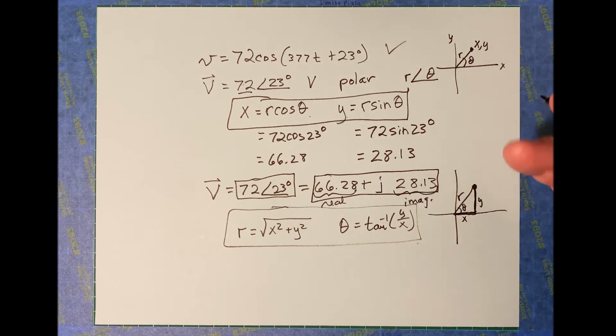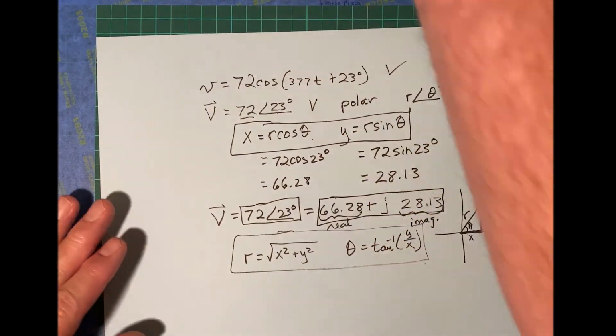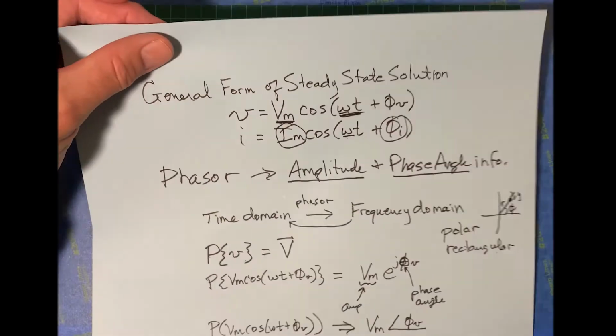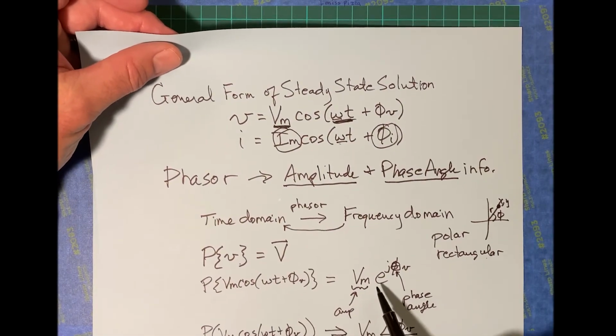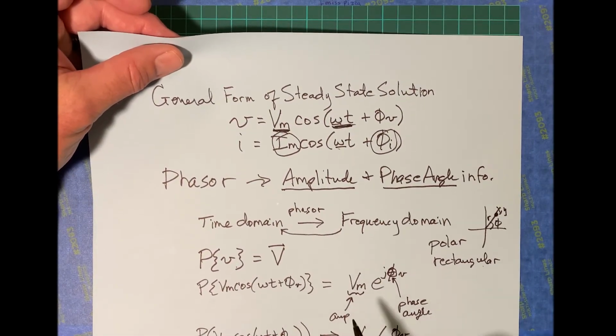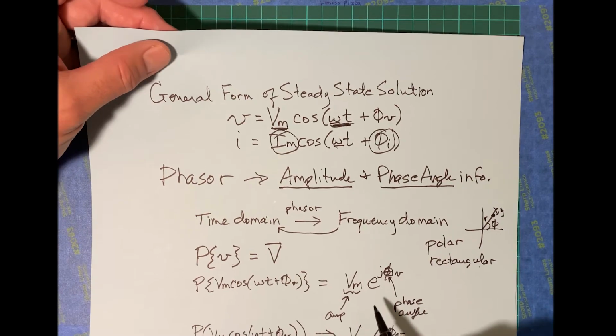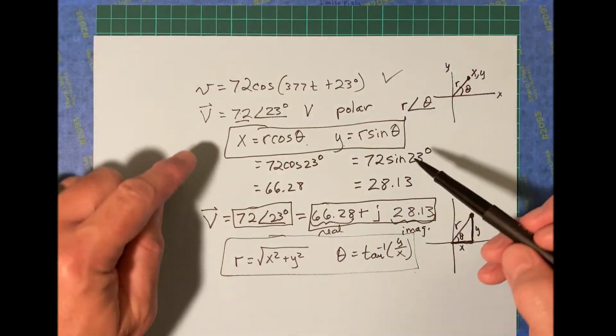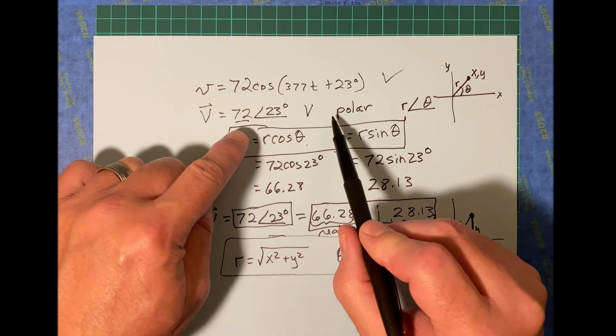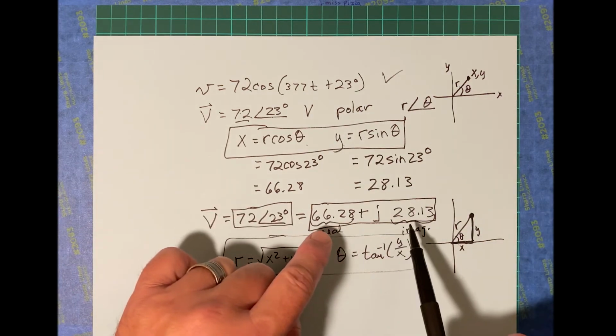Okay, so once again, the Phasor transform takes you from the time domain into the frequency domain. And that transformation is trivial. But once you're in the frequency domain, you can express numbers in polar form or in rectangular form.